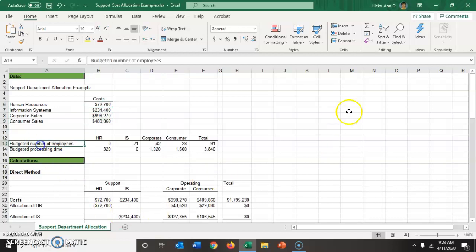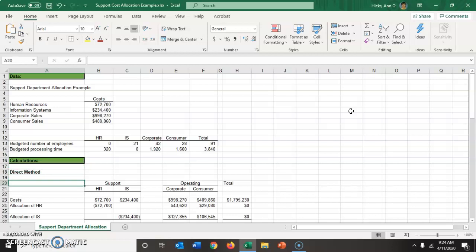Then, in terms of allocation, we've determined that it makes sense to allocate human resources based on the number of employees that are in each department. That would make sense. Human resources has to provide more services the more employees are in a particular department. And then information systems, we're going to allocate based on the time information systems spends processing jobs for them, which again, there's a cause and effect relationship there.